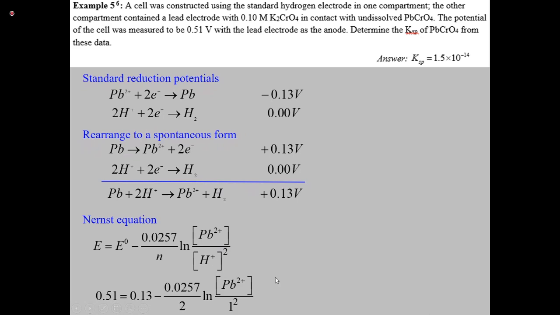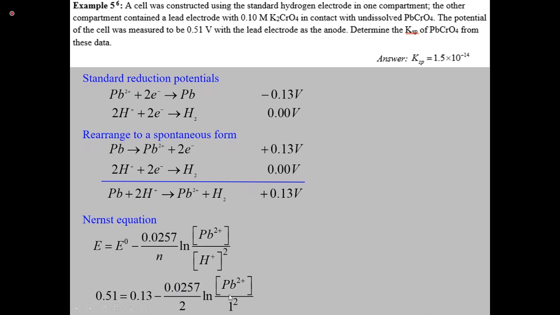So let's plug in what we know. Firstly, we know the overall cell reaction was observed or measured. It says here 0.51 volts. That's what E is. E0 is the value when everything is at 1 molar here, and that's positive 0.13 volts.